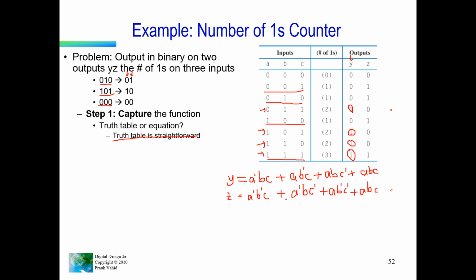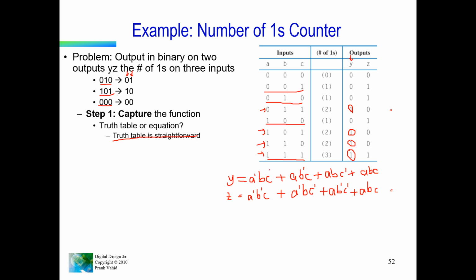When we look at A prime B, A B prime, A B, A prime B prime, I can't find parentheses for them. Let's look at A prime C, A prime C prime, A C prime, A C. Also, I cannot put into AC parentheses. So I can look at B prime C, B C prime, B prime C prime, B C. Again, there is no parentheses that I can put by the BC variable.